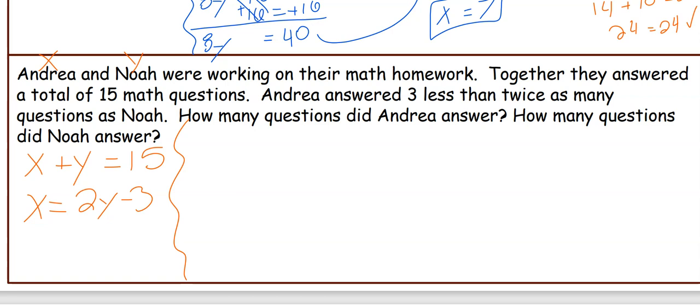So plug that in for the x in the above equation, and then solve for y. So take that x equation, 2y minus 3, and plug it in up here for the x. And then rewrite your equation, combine like terms, solve for y.